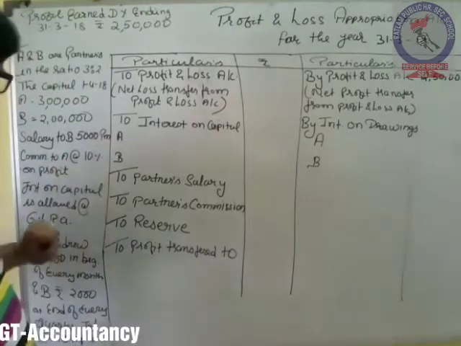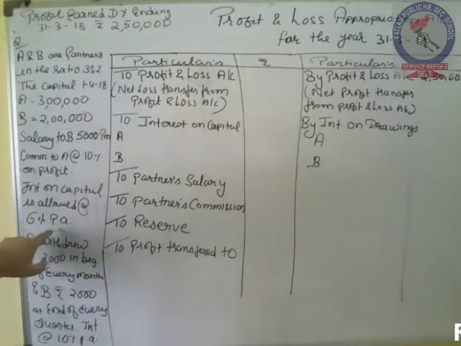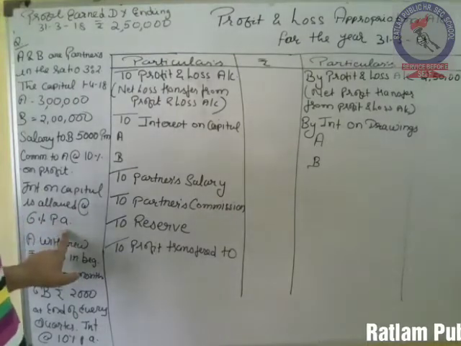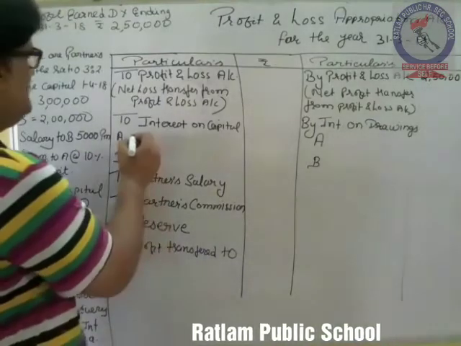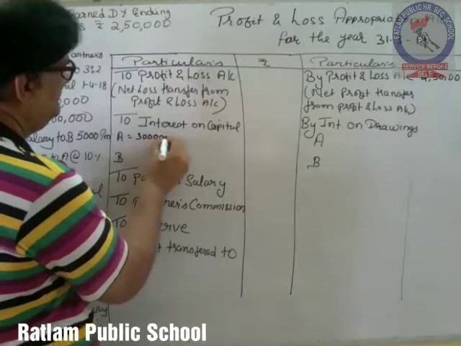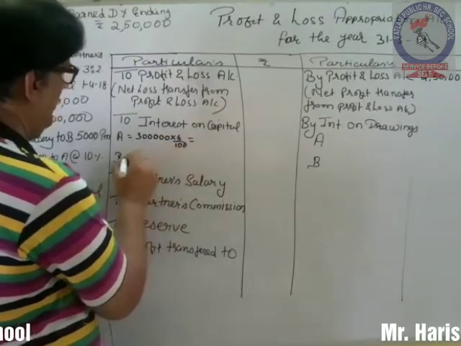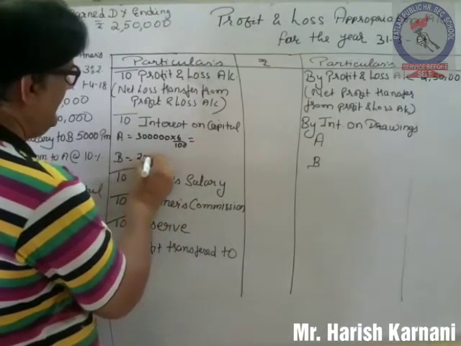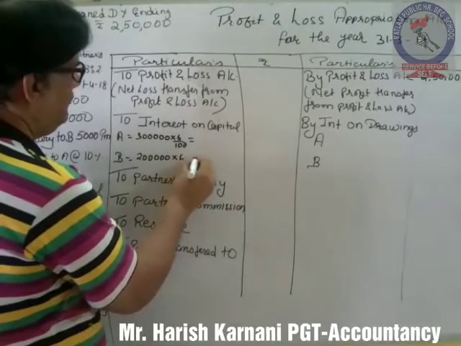So now we have one concept: interest on capital is allowed at 6% per annum. So we have to charge interest at the rate of 6%. So A will get 6% of 3 lakh and B will get 6% of 2 lakh.